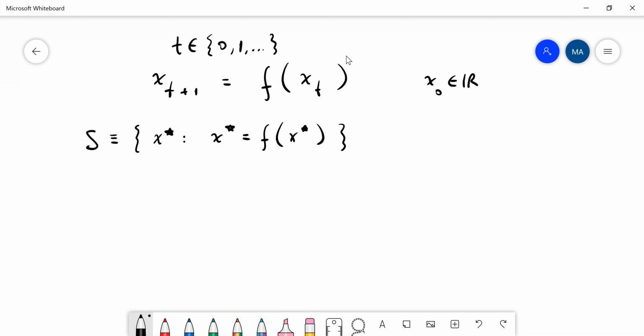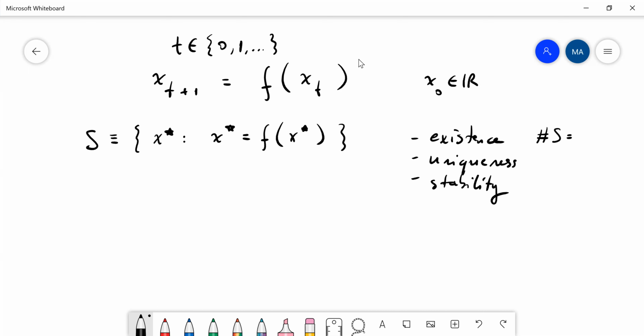Now, once again, of course, we talk about the existence, uniqueness, and stability of such steady states, right? Existence is basically whether S, the number of elements in S, is greater than 0.